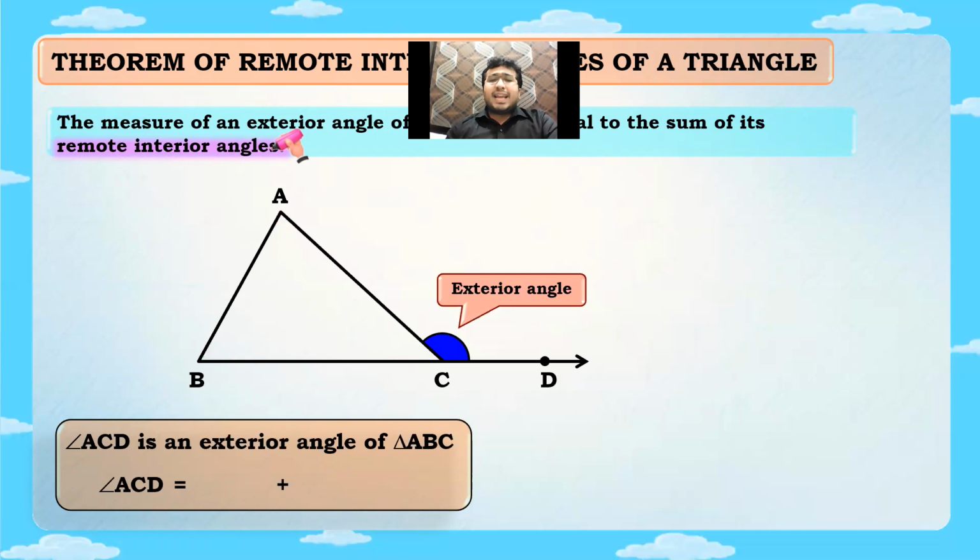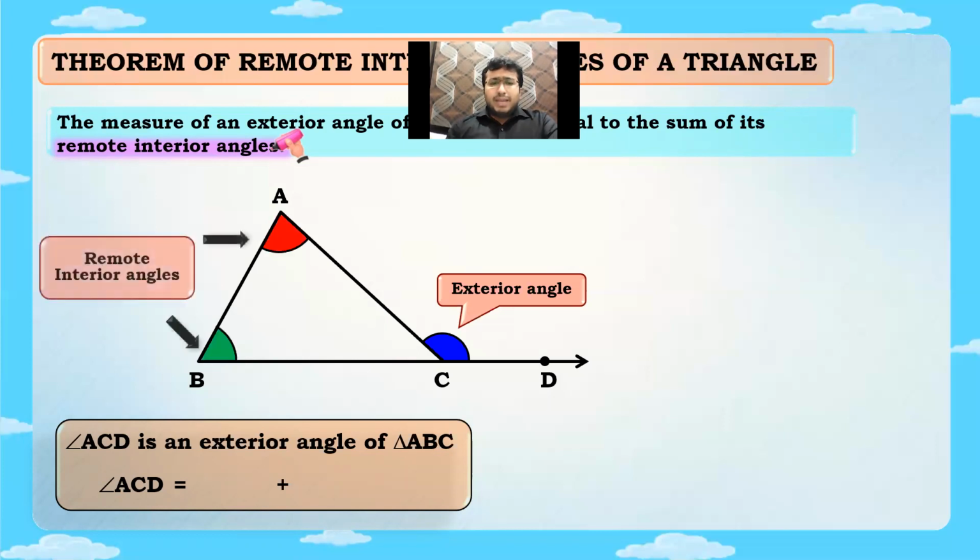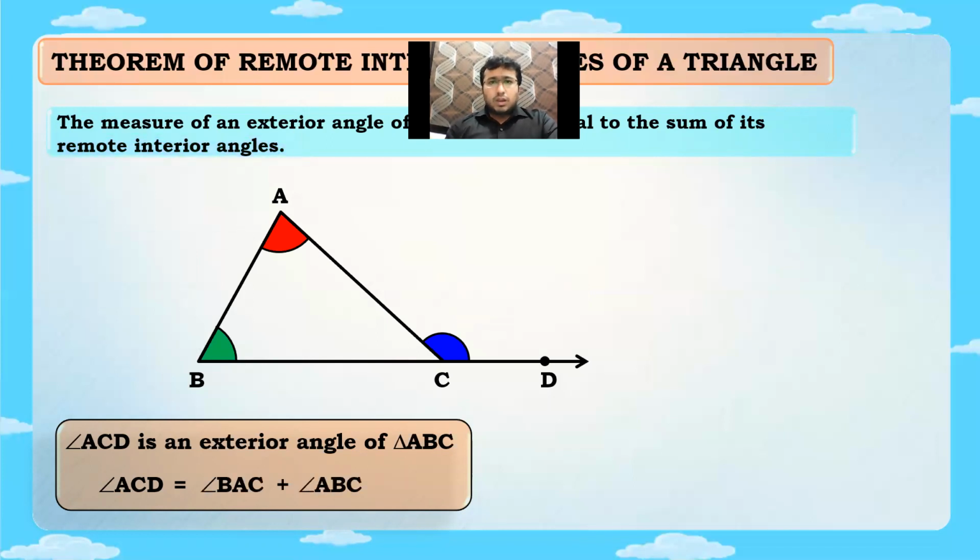It is angle A and angle B. So the exterior angle is equal to the sum of its two remote interior angles. So angle BAC plus angle ABC. So students, the measure of an exterior angle is always equal to the sum of its two remote interior angles. Okay. Now students, let us take a very simple sum based on this.